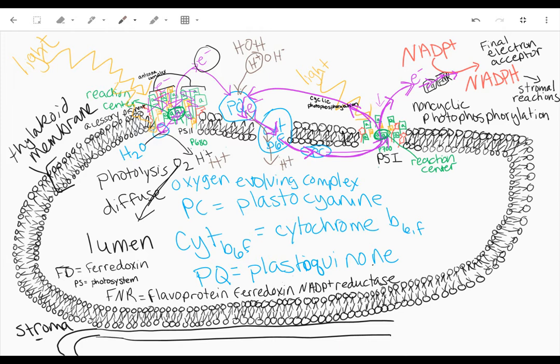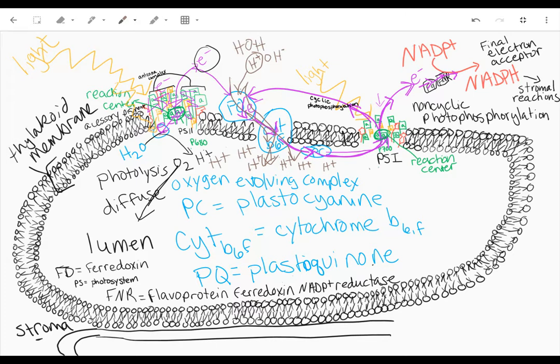So this is happening during the non-cyclic portion of this process and the cyclic portion of this process. And this is why we think that both cycles exist, both the non-cyclic and the cyclic photophosphorylation, is to really get protons pumped across that membrane.